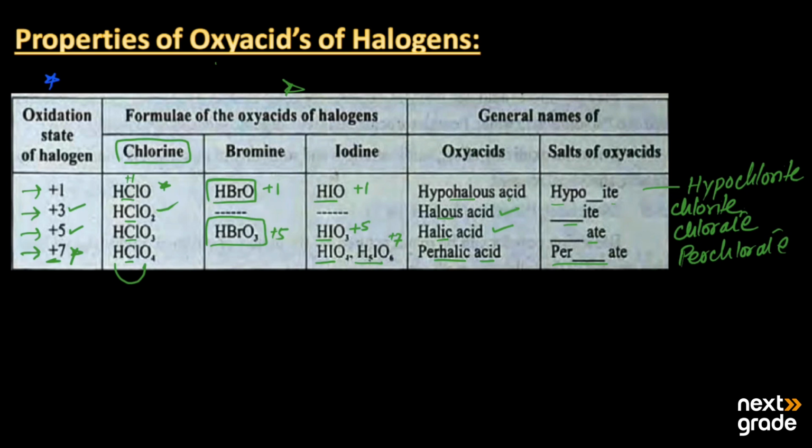And likewise, the acids' names will be hypohalous acids, meaning we have to add the word halous at the end, and the last one is perhalic acids. So likewise, we have to name these salts as well as these oxyacids according to their root name and according to the salt that they contain or can form.